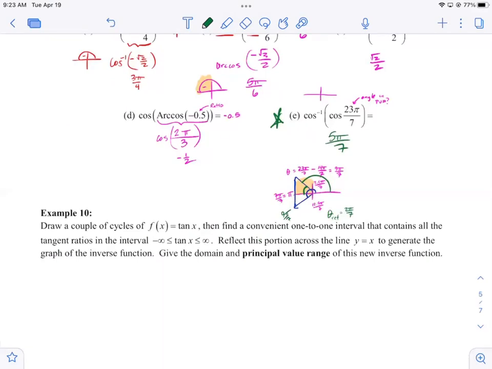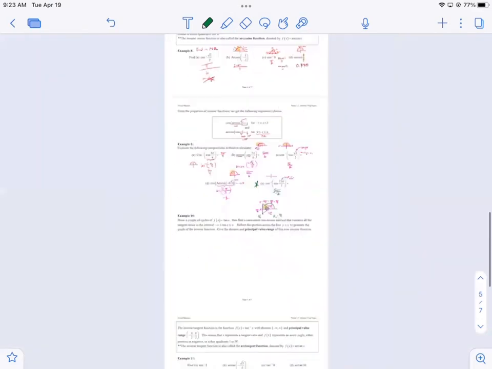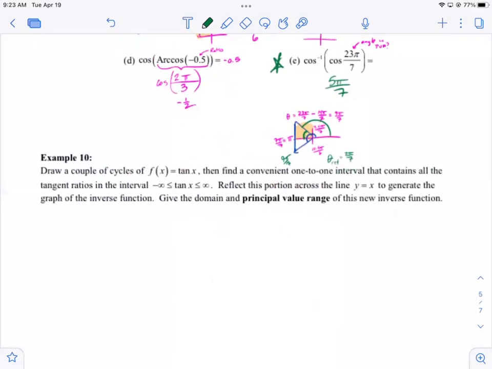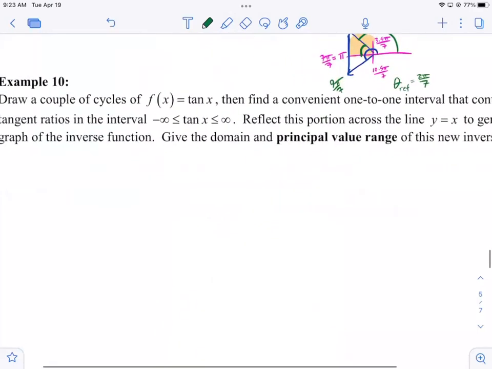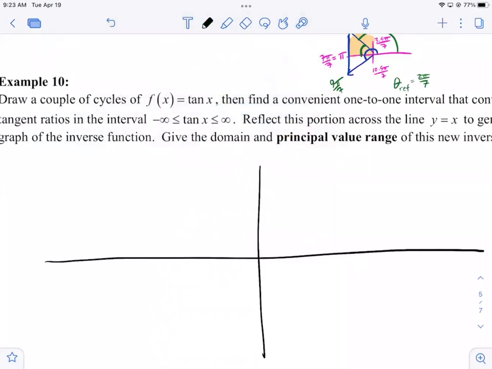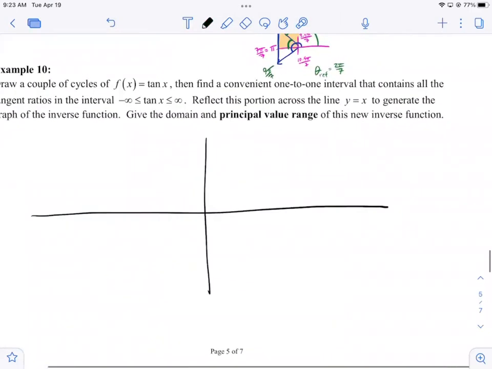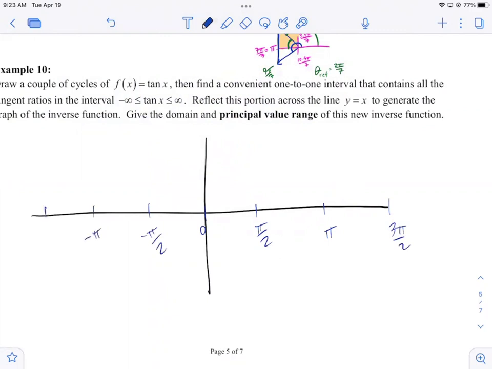All right. Hey, let's meet inverse tangent today. Let's do the same thing. Let's draw real quickly. Tangent is the only one you have to know out of the previous section. Tangent has 0, pi halves, then pi, then 3 pi halves, and negative pi halves, negative pi, negative 3 pi halves.